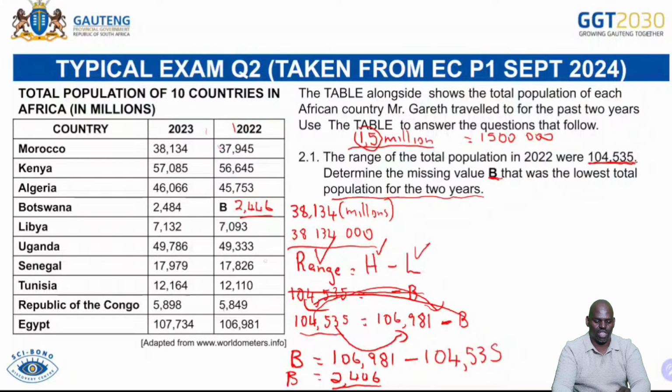They can give you any two of the three, and then ask you to determine one. They can give you the highest value and the lowest value and say determine the range. Or they can give you the range and the highest value, and say determine the lowest value. So you must also be ready. Please make sure that you go and look at more of this type of question.